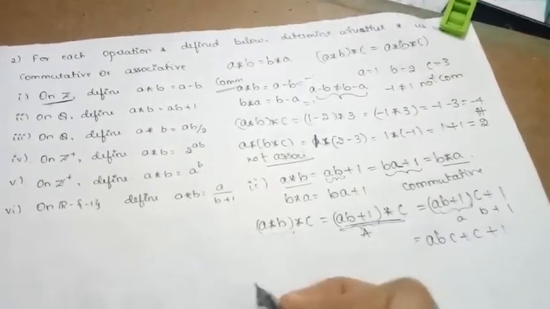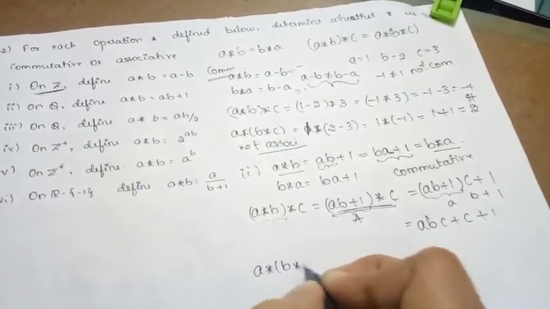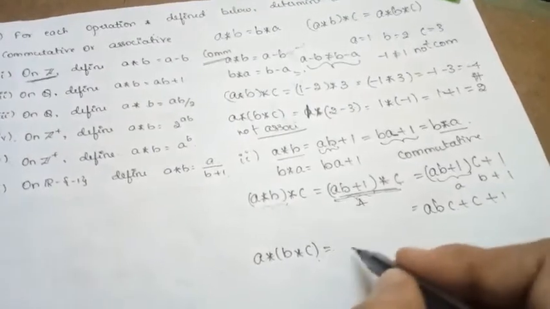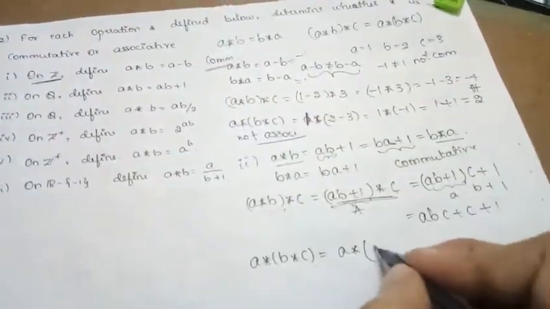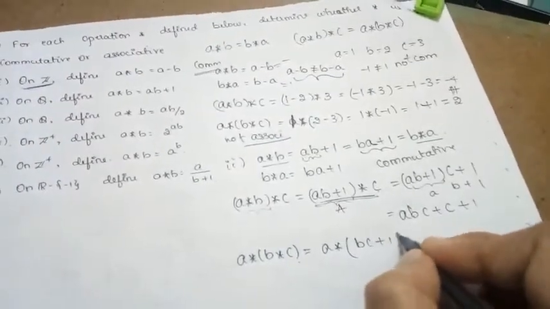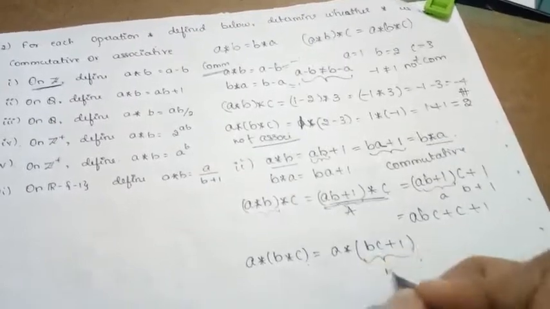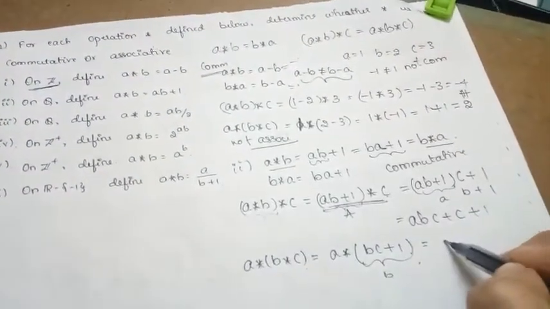This is our LHS. What about the RHS? It is A star B star C. So A star B star C, what you can see here? A star, what does B star C imply according to the definition? BC plus 1. Now consider this whole as B. Now it is in the form of A star B. So what are they saying? A star B is AB plus 1.